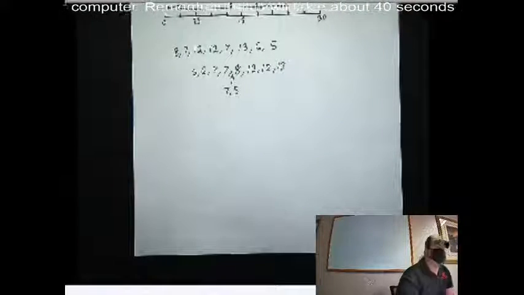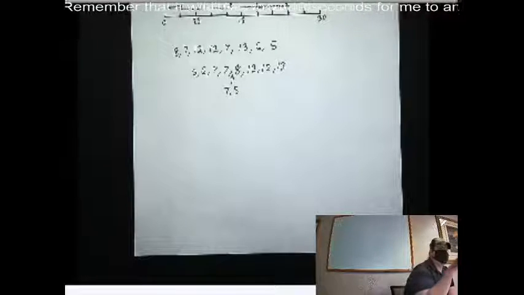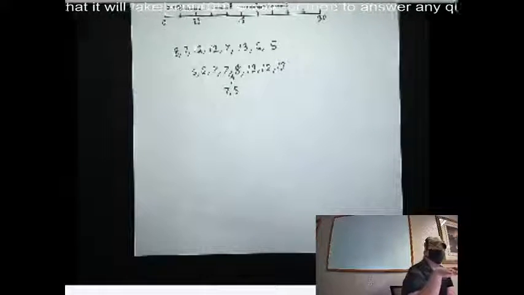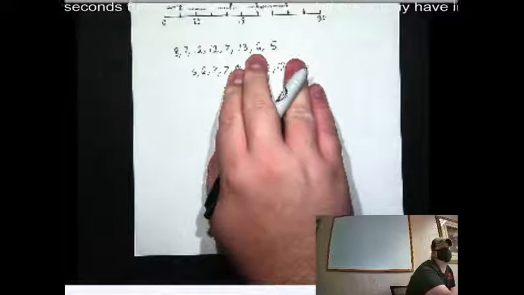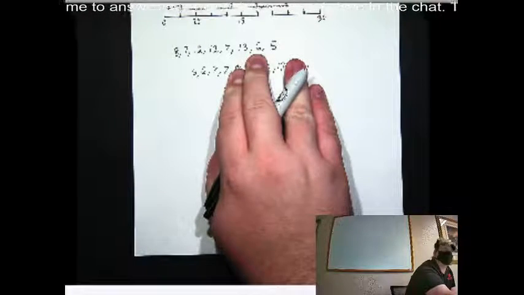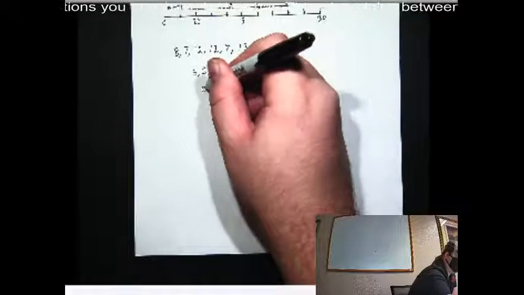Okay. Now again, we want to do the same thing with each side of our data. So just looking at this side, what's going to be our median here? 6.5, yeah, right there. So there's our first quartile.